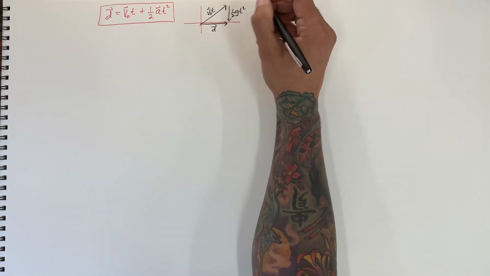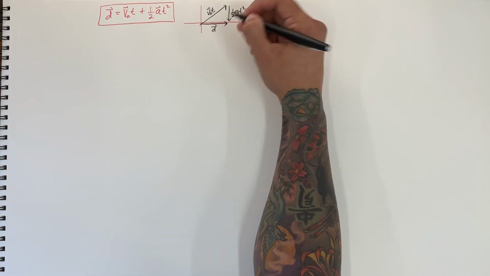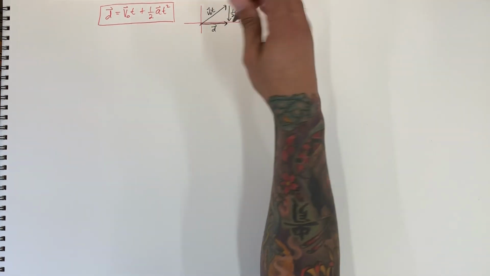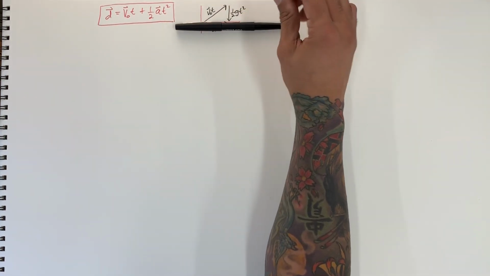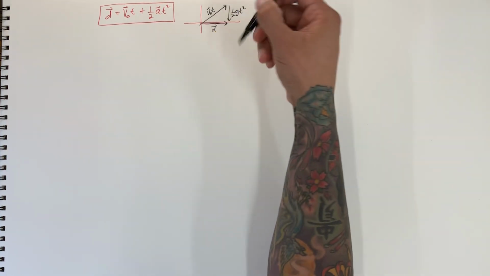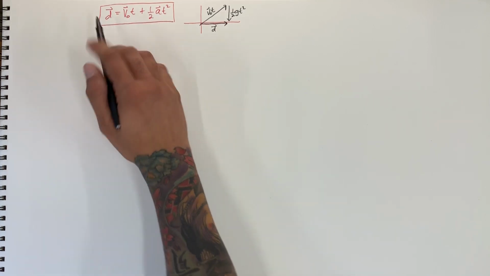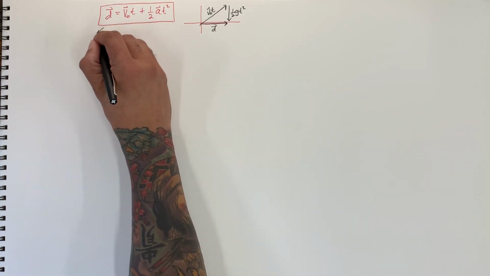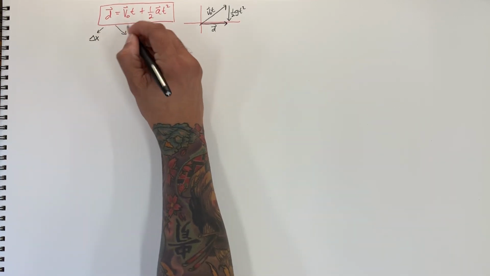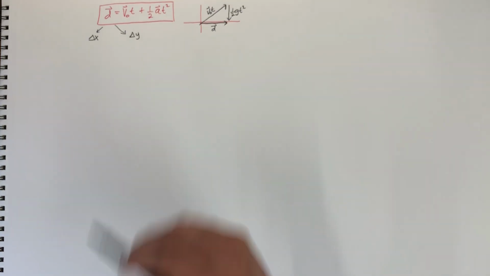So we just start getting used to writing g as our vector going down, because that's always going to be the case. So acceleration in the x is going to be 0, and acceleration in the y is going to be gravity. Okay, so this general notation is because we have a displacement in the x, and we also have a displacement in the y, which I explained in previous videos.